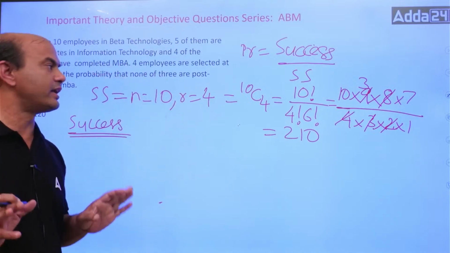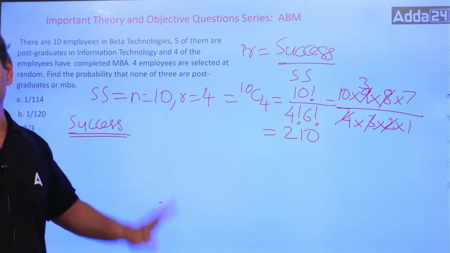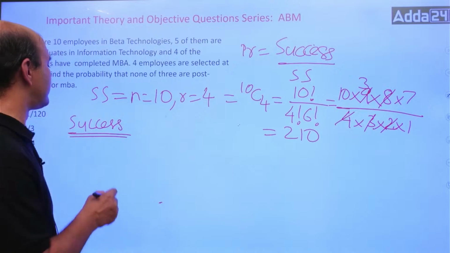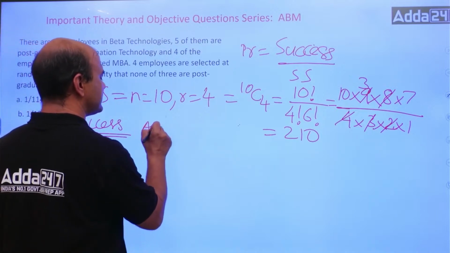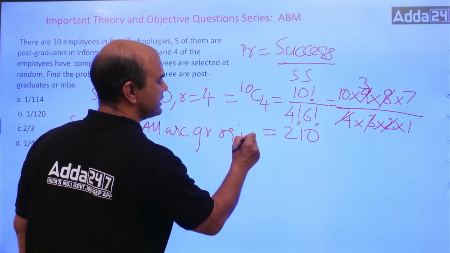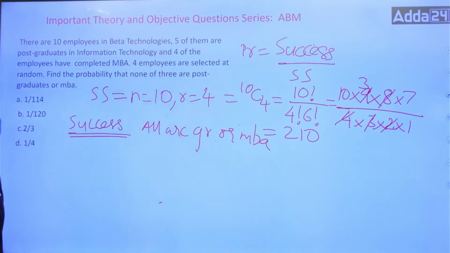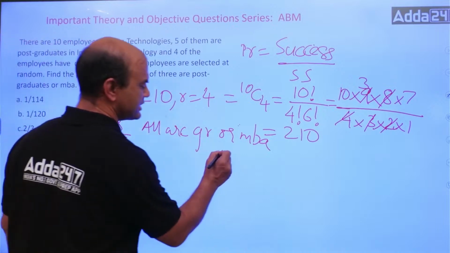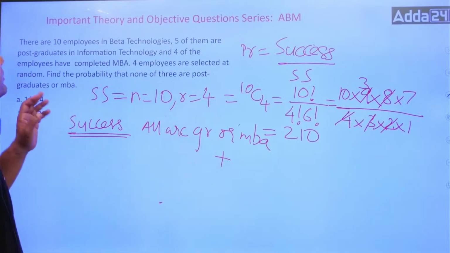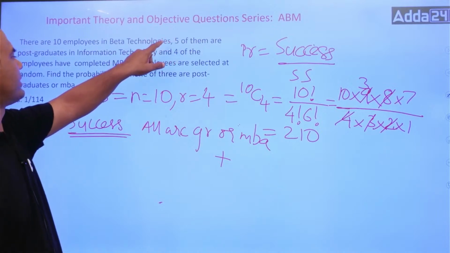First, let's find the probability that all of them are postgraduates or MBAs. So first what we'll do is all are graduates or MBA. This is what we'll first find out. Or means what? Plus. All are graduates. So either 4 are selected out of these 5, means 5 are IT guys, right?